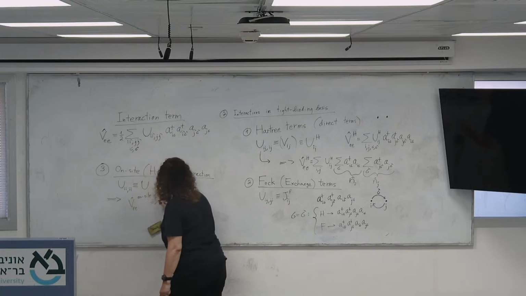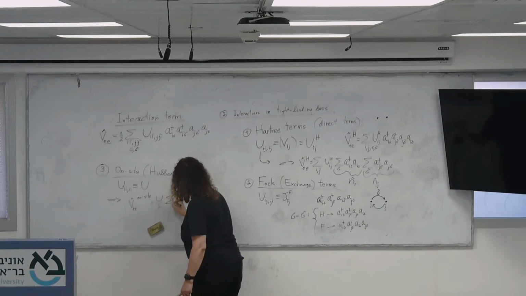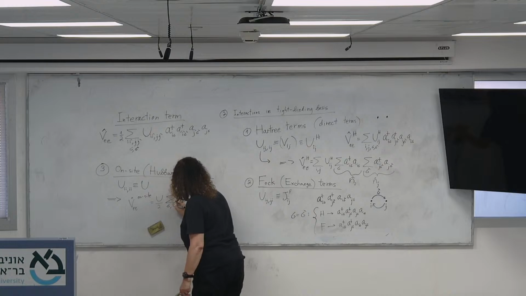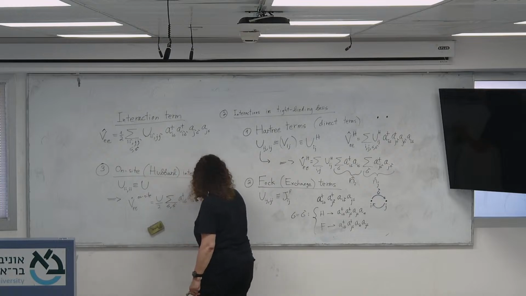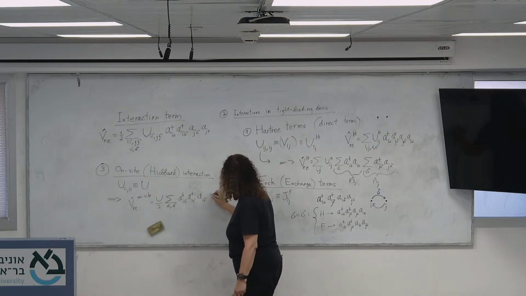Okay. So this is how it looks. Now you can write it like this, and now you have a sum over sigma prime of... you see all the lattice indices are all the same, but you have different spins, okay?